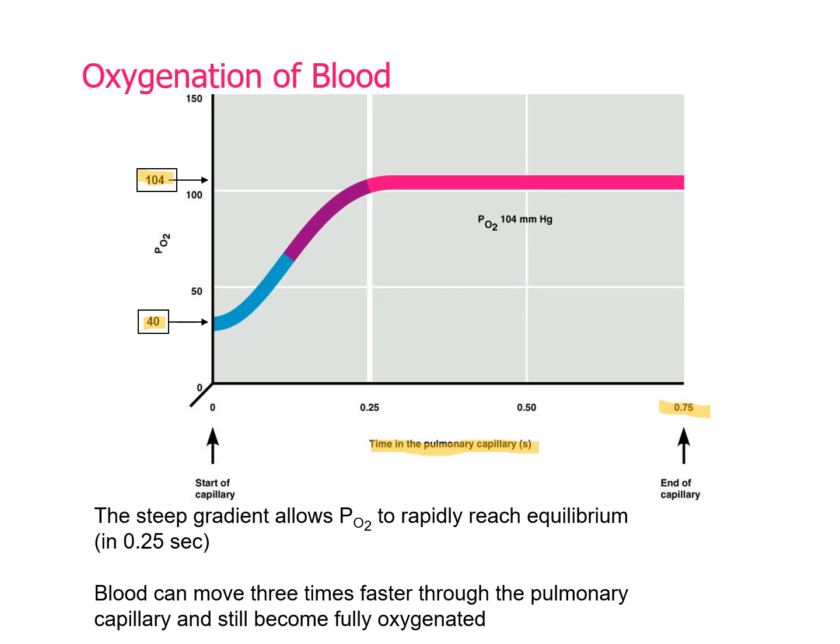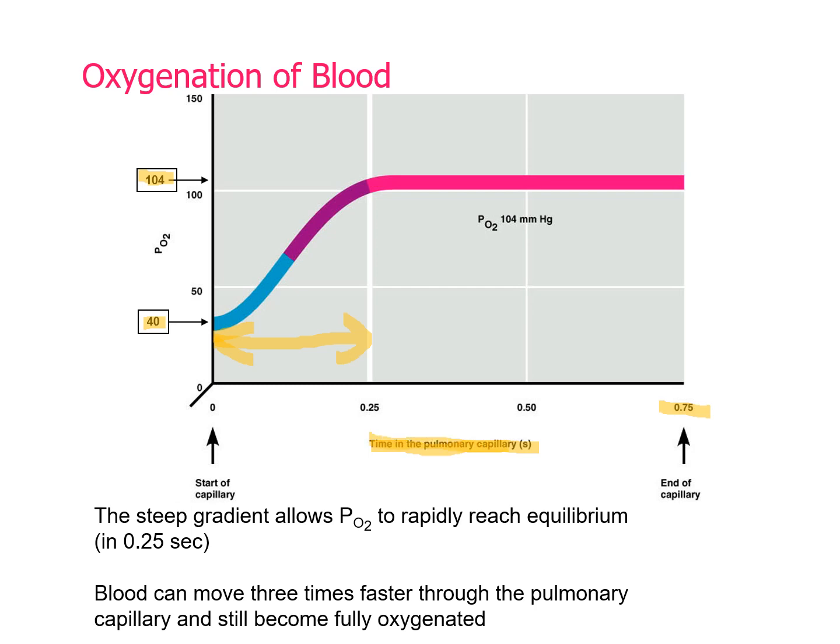Please note that the blood oxygen gets fully saturated, going from PO2 of 40 to a PO2 of 104, in just 0.25 seconds. So there's plenty of time for the oxygen to be taken up by hemoglobin.